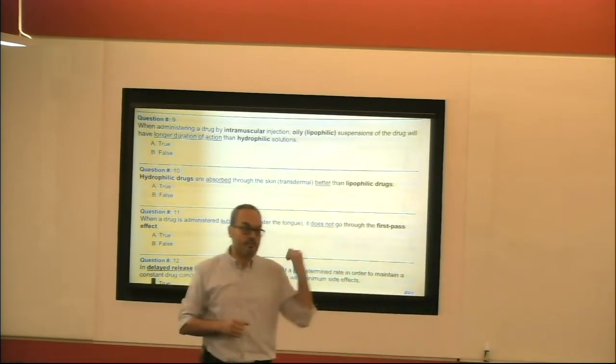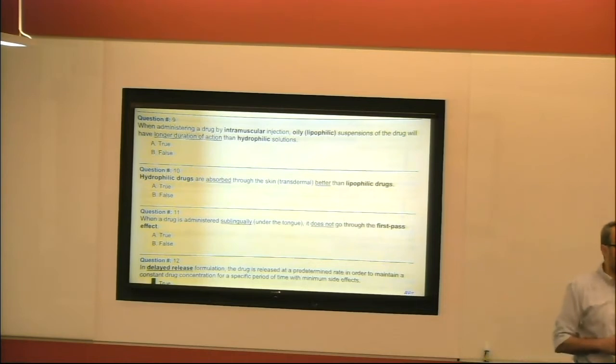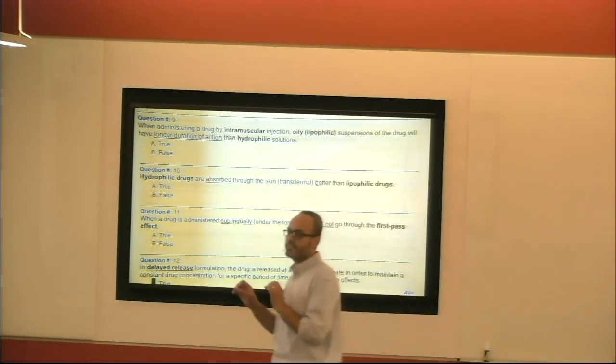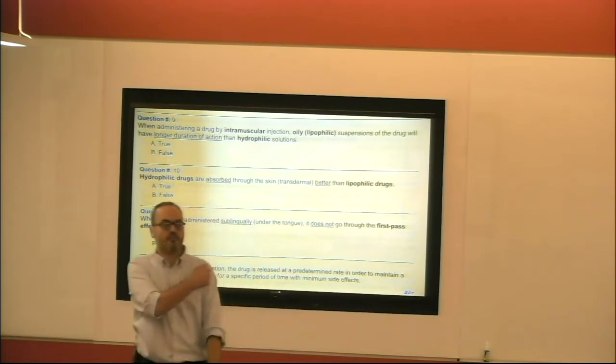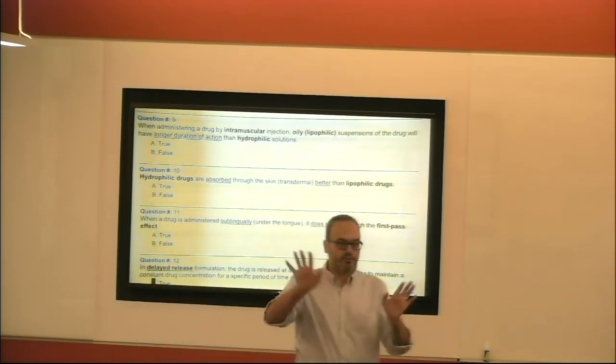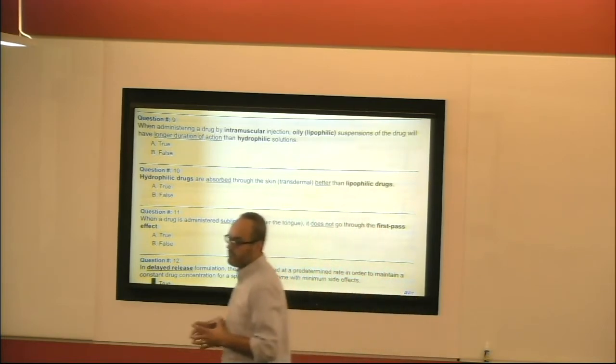The reason I brought up this question is that we will see many examples where the drug is designed to be lipophilic and given intramuscularly so that it stays there for a long amount of time. You don't have to worry about taking it more often.